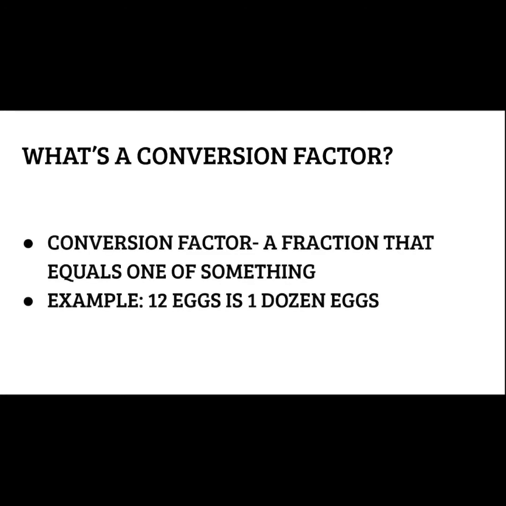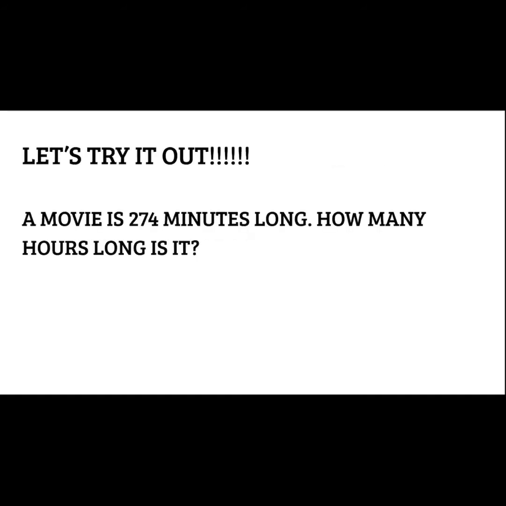A conversion factor is a fraction that just equals 1 of something. So an example would be 12 eggs is 1 dozen eggs. Another example would be 1 gram is 100 centigrams. Anything that equals 1 of something is a conversion factor.